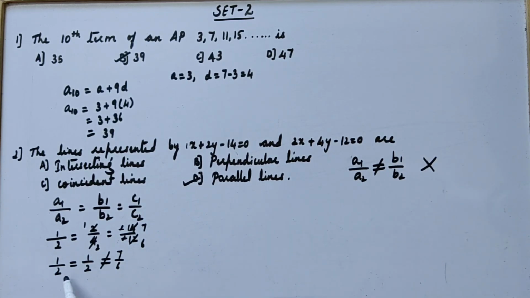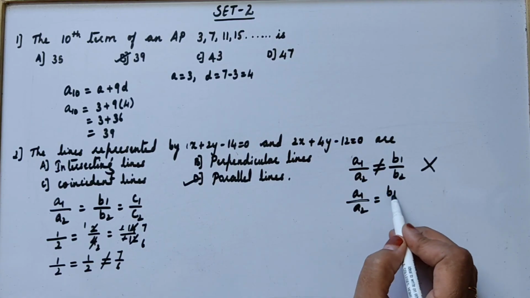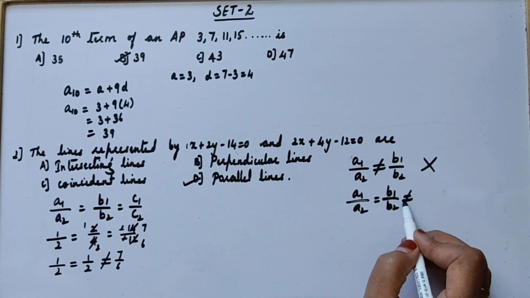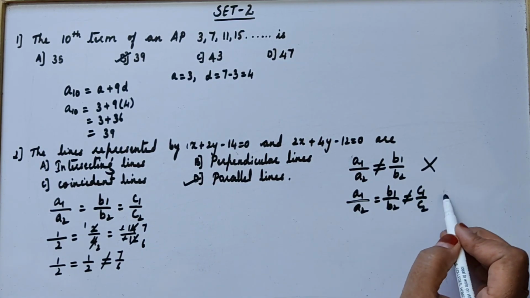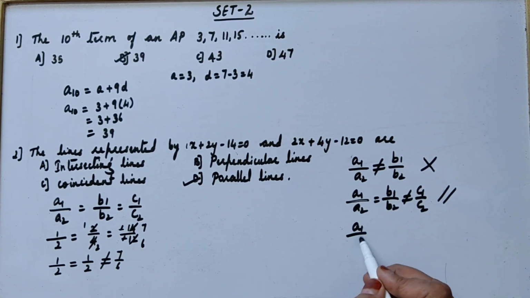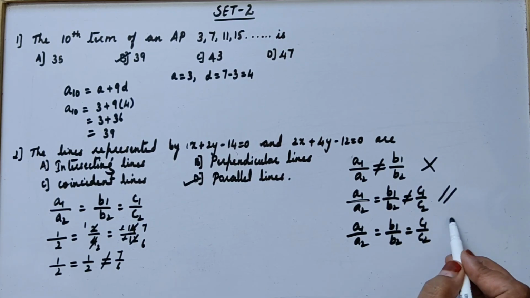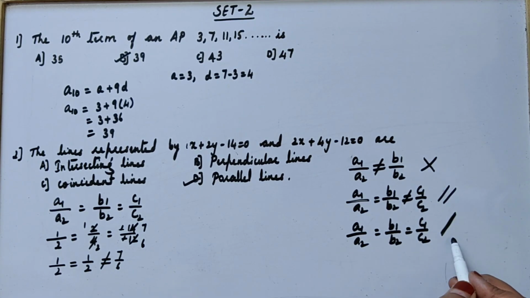Now a1 upon a2 equals b1 upon b2 is not equal to c1 upon c2, we say these are parallel lines. Now a1 upon a2 equals b1 upon b2 equals c1 upon c2, we say it is coincident lines.